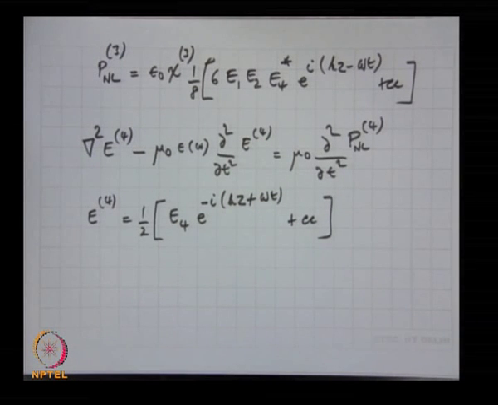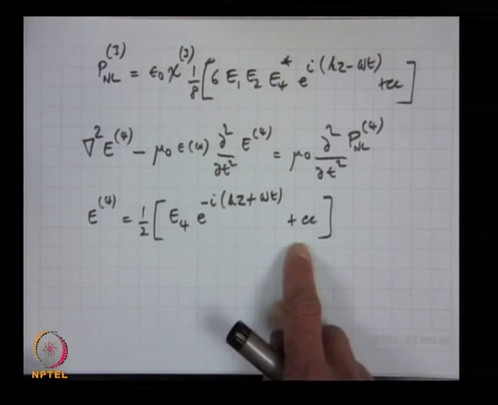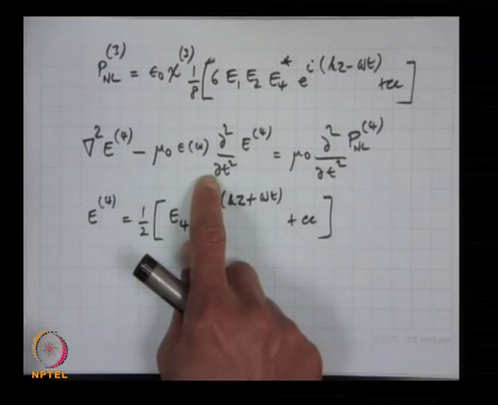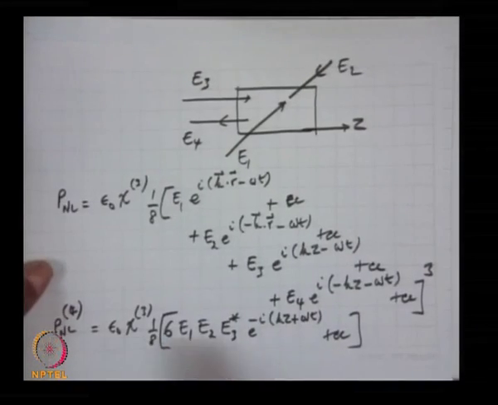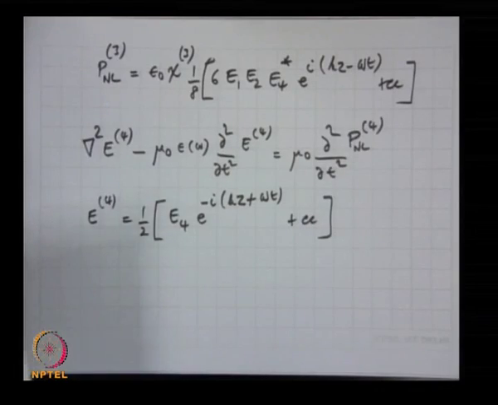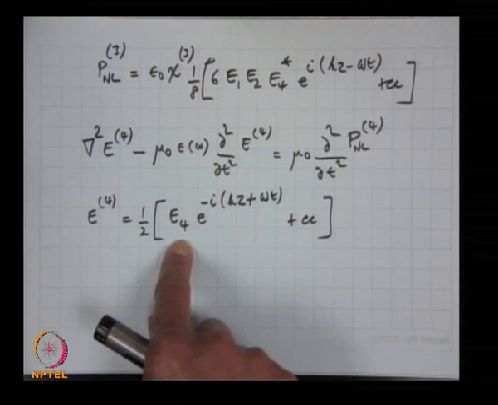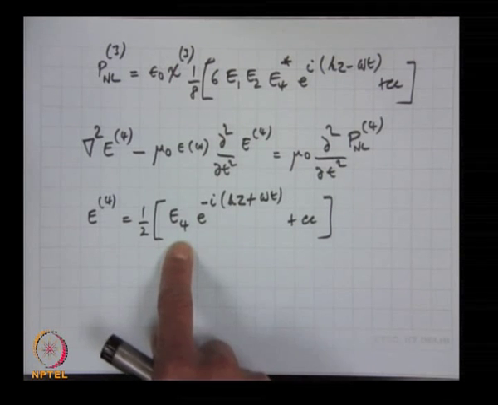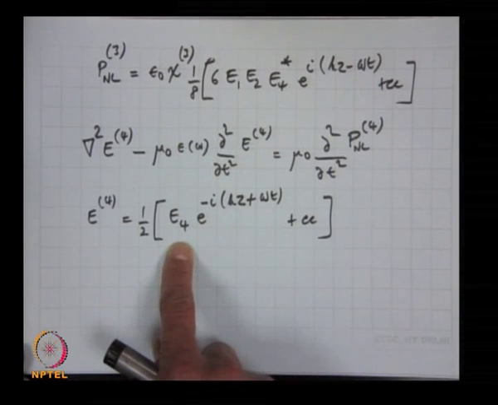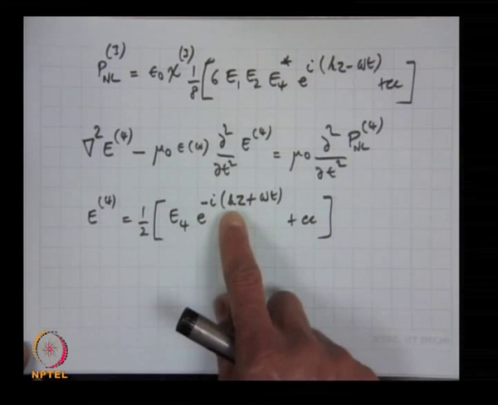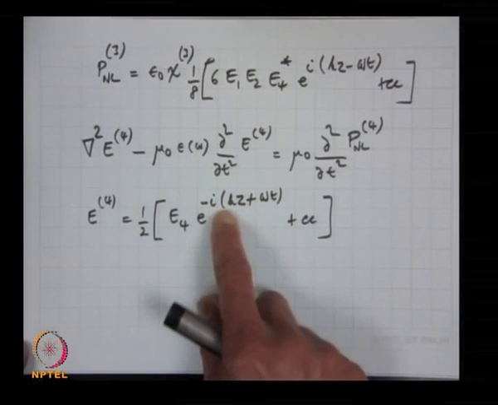So my problem is now to substitute this on the left hand side and substitute this on the right hand side, neglect second differential of E4 with respect to z, exactly like I did for second harmonic, then use the relationship between k and epsilon omega and simplify.